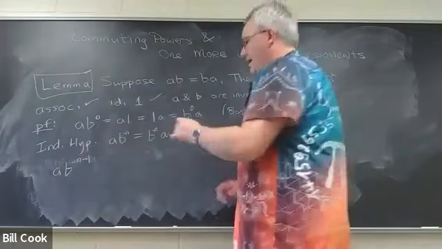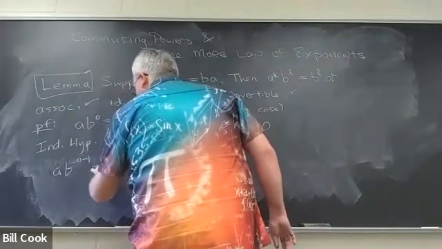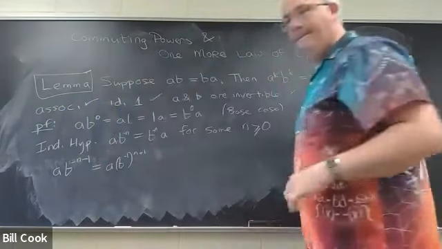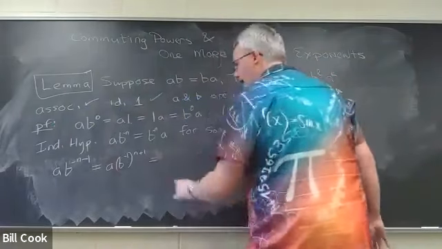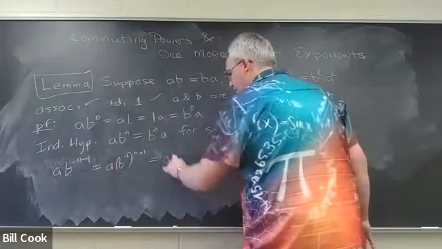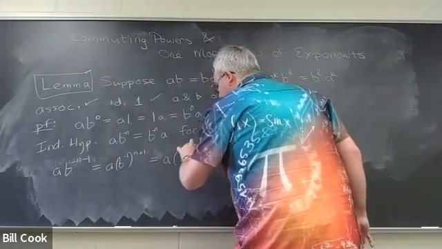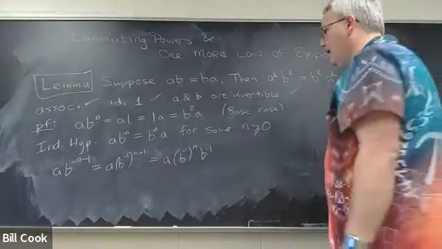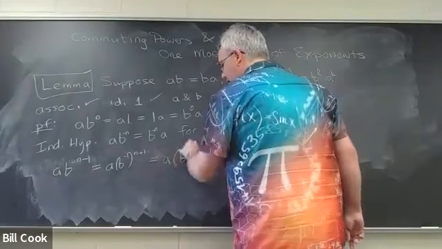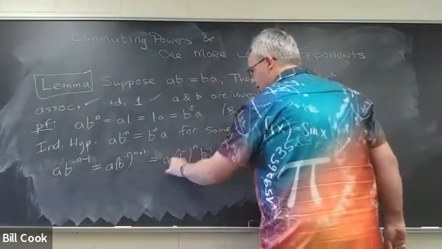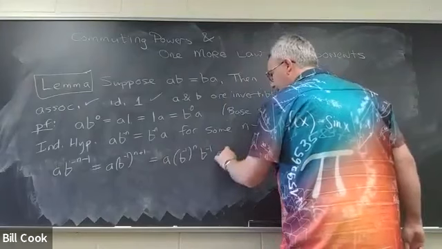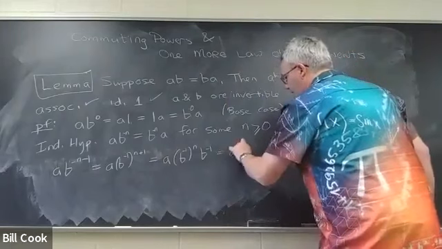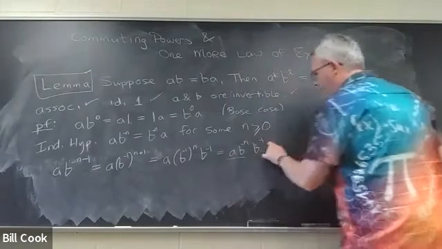This is A times B inverse to the n plus first power, which is the same thing as A times B inverse to the n times B inverse by definition. My inductive hypothesis, and a previous law of exponents, says this is B to the minus n. I guess I could have just used that. I can flip that around.